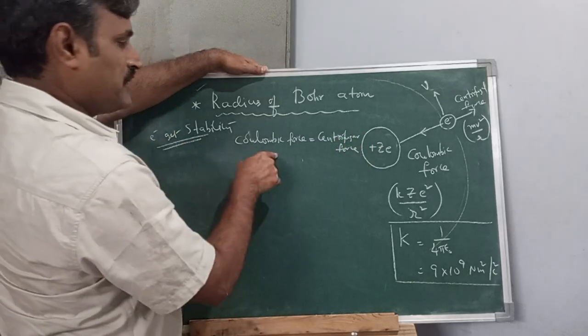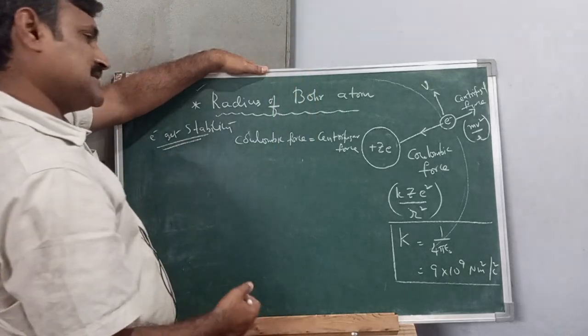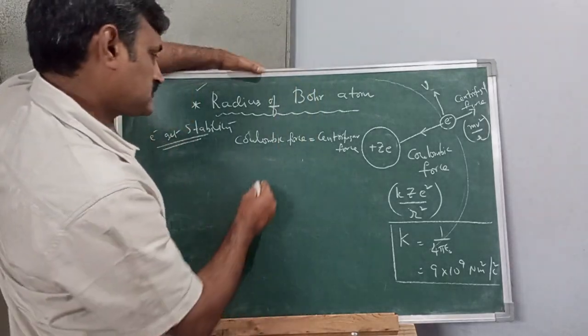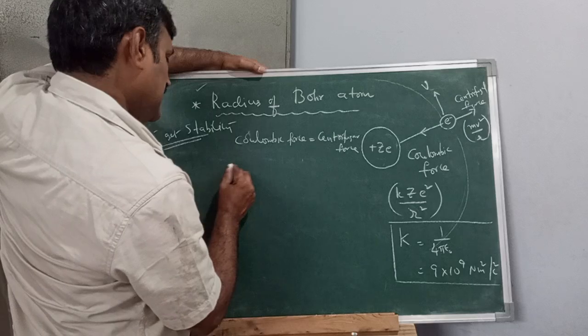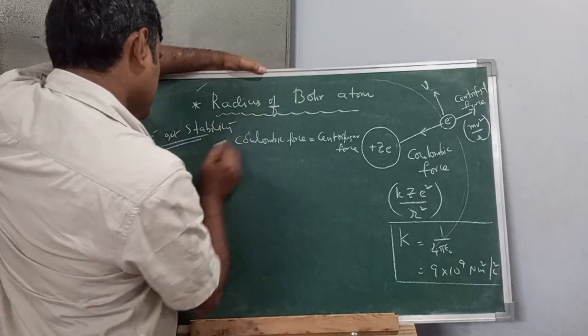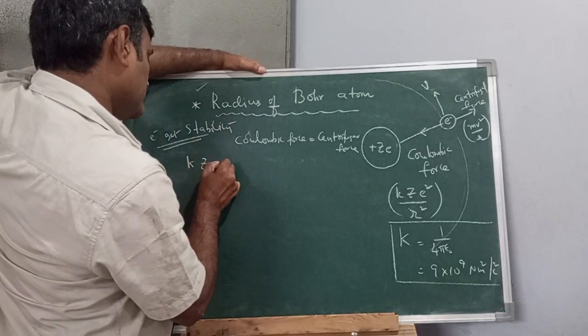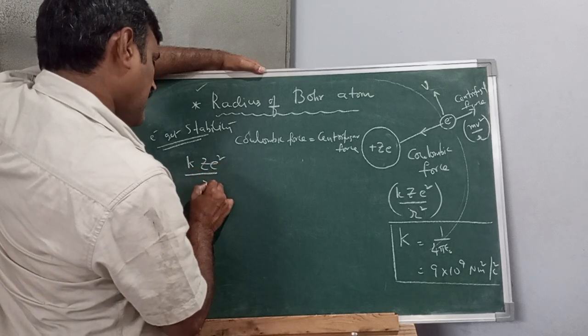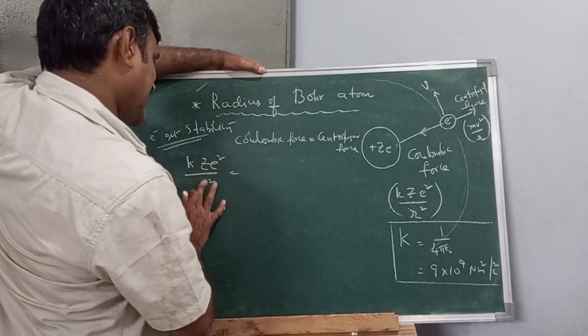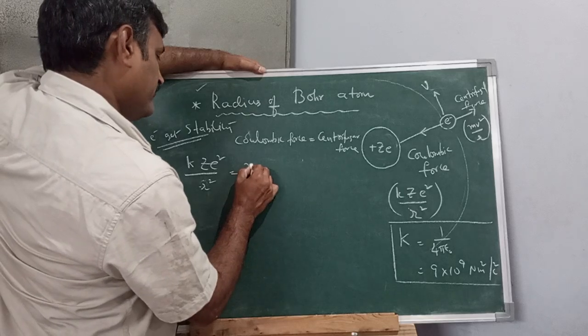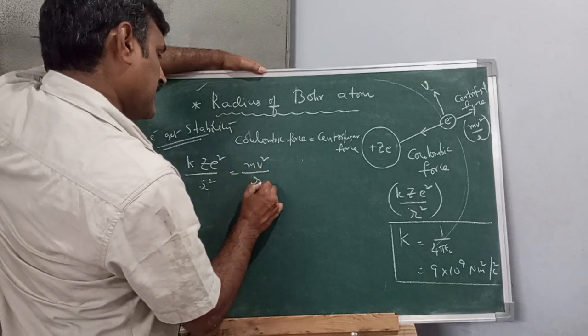We can also call the Coulombic force a centripetal force. You can take this formula, that is K into Z E square by R square, which equals mv square by R.